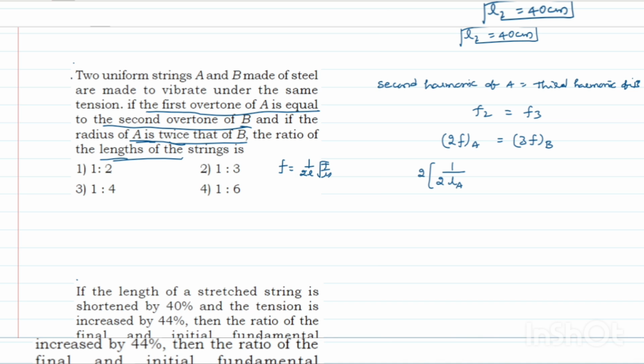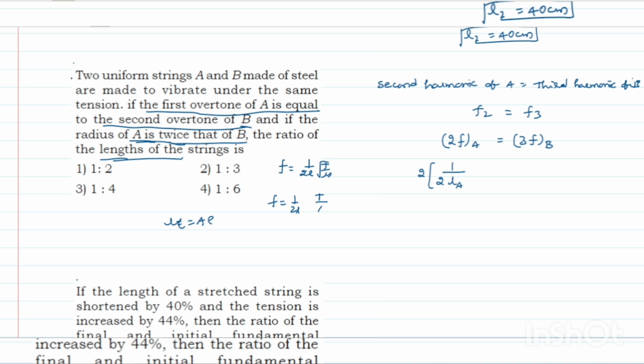and one more thing, students, here the radius is given. If you are talking in this sense, we can write F equals 1 by 2L into root over T by mu, and one more formula: mu can be written as A into rho.